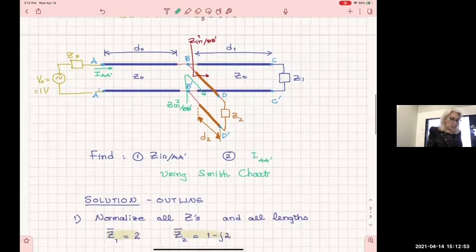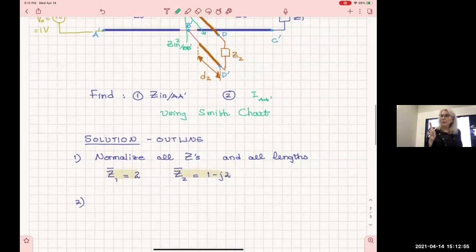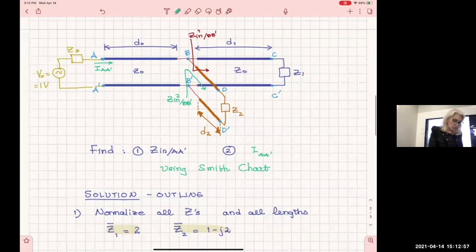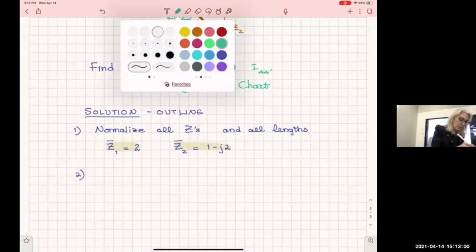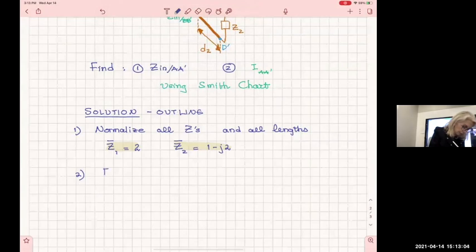Now, what do I know? The moment I found this, okay, I outline, as I said, my solution. So I have to find, first of all, Z input 1 at BB prime, and then Z input 2 at BB prime.